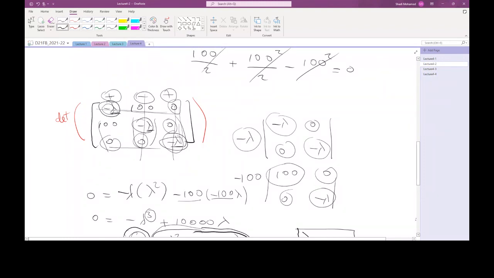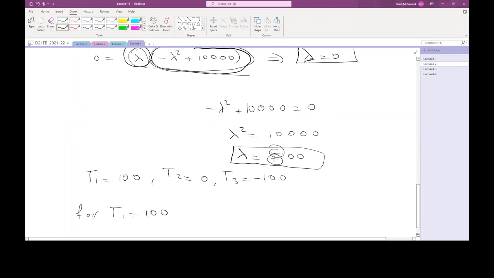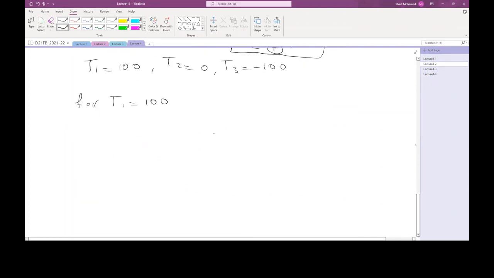So what I'm going to do is just subtract lambda with 100. I've got minus lambda here, so it is going to be minus 100. And then I have 100 minus 100 and 0, 0, 0, minus 100, because I'm subtracting lambda, which is 100.